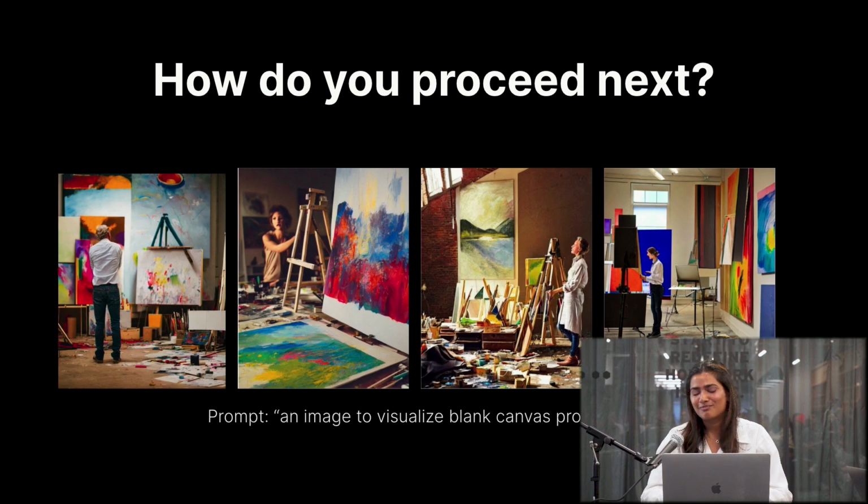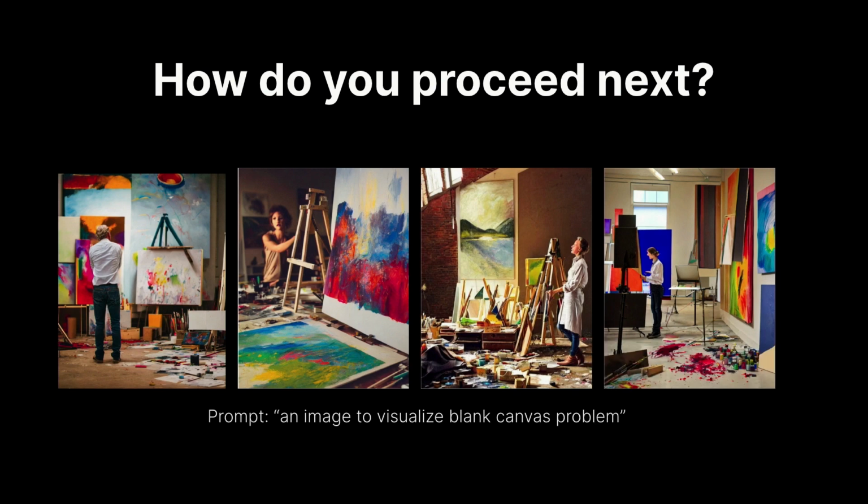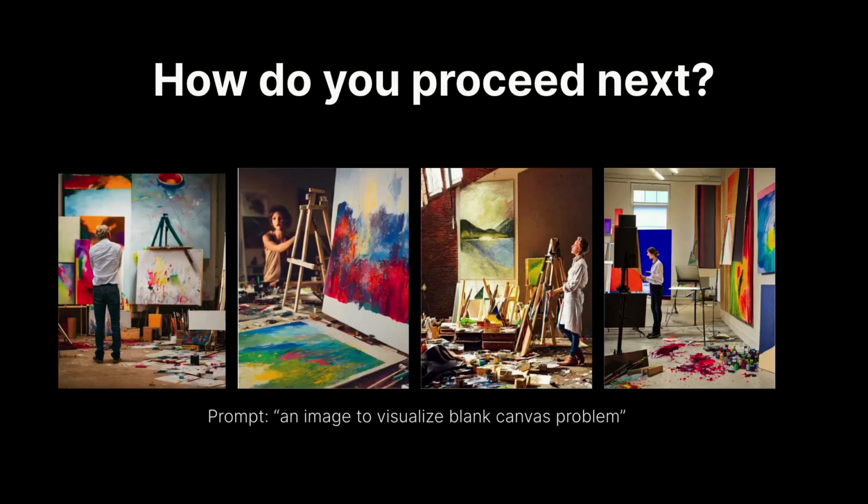Especially for folks like me who have always been really interested in the creative fields, but don't necessarily have the technical chops for drawing or know the ins and outs of Photoshop, that next step has always been really, really intimidating for me. But now with AI, this next step becomes a lot more feasible.